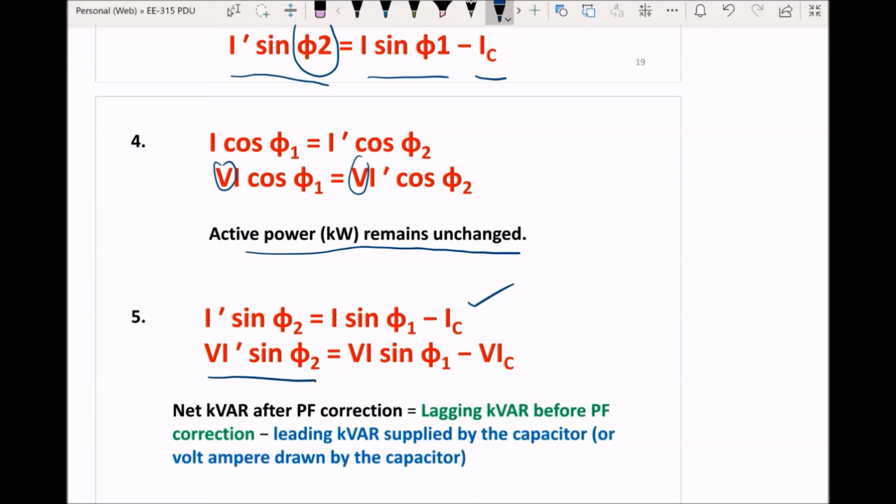This is going to be equal to the lagging reactive power before power factor correction minus the leading reactive power drawn by the capacitor, or you can say the volt ampere drawn by the capacitor, or the reactive power supplied by the capacitor to the load. So this is how we can calculate the total reactive power after the power factor correction.